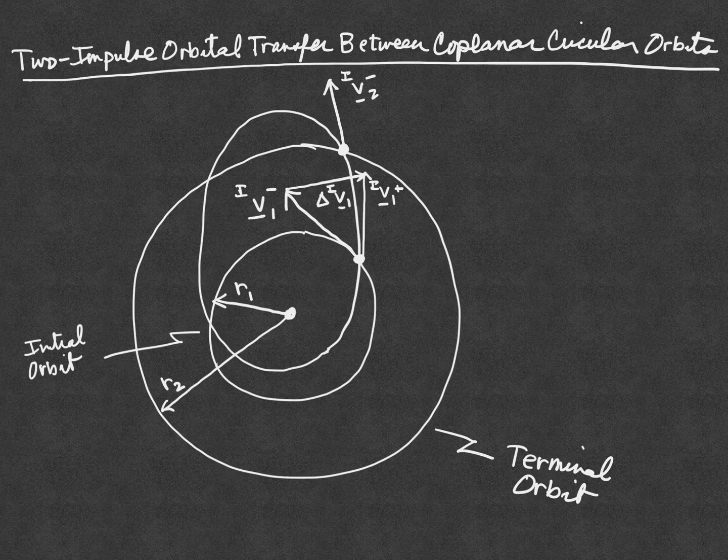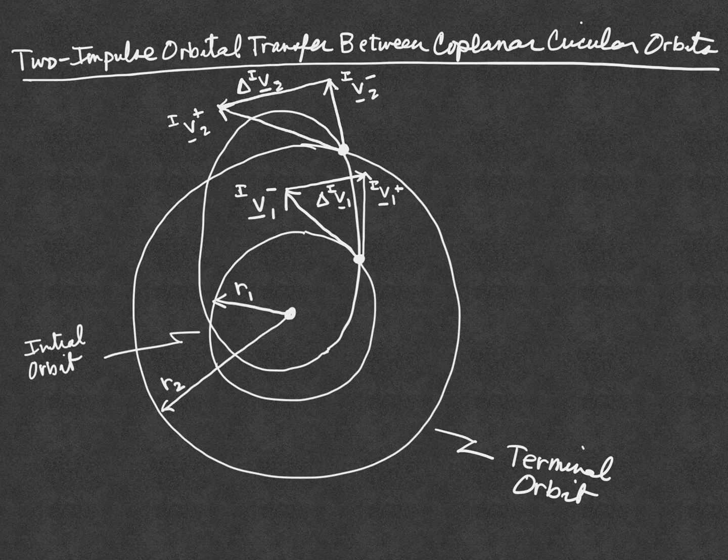And after the application of the second impulse, the velocity is going to be v2I plus. Which means that delta v2I has to be the vector from v2I minus to v2I plus.